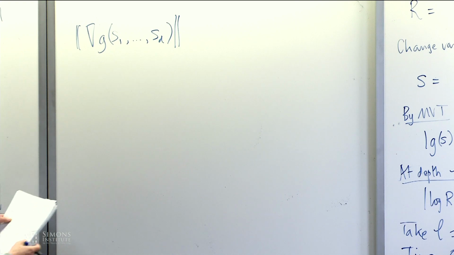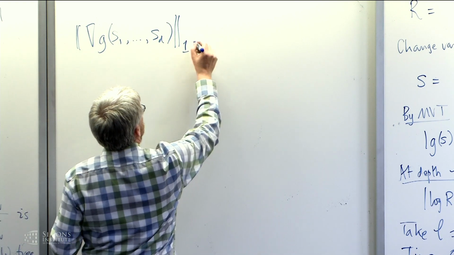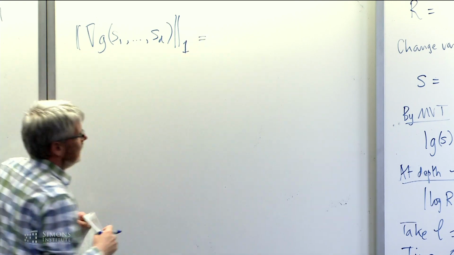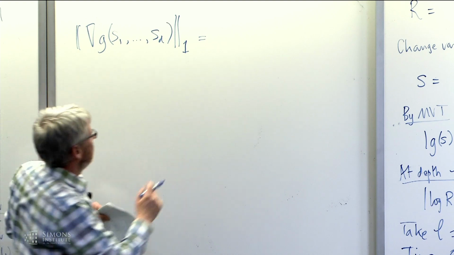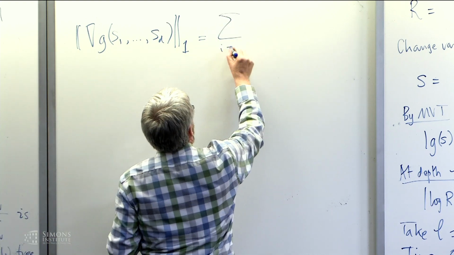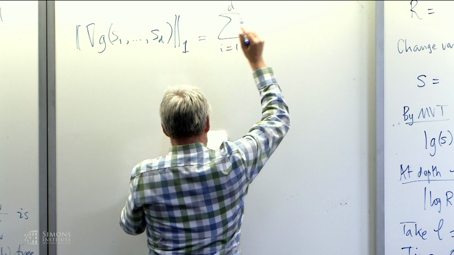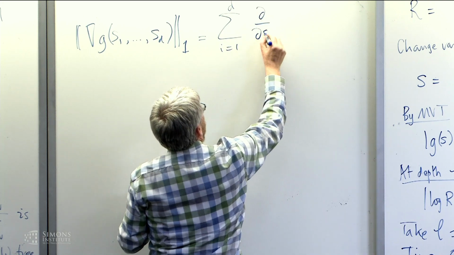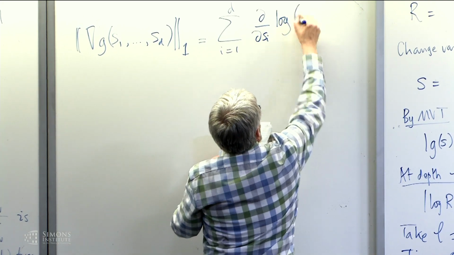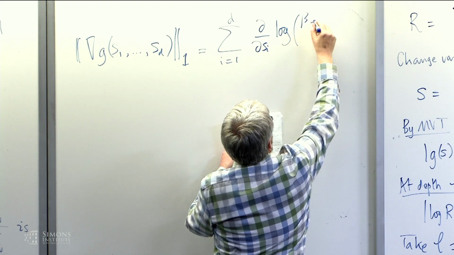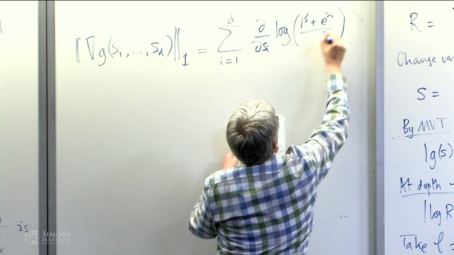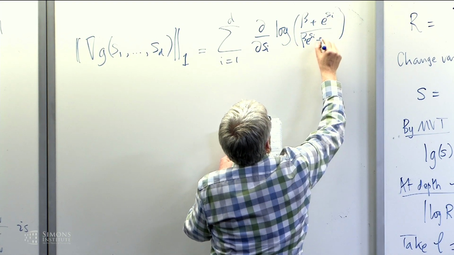So let's look at this guy. We just have to sum the partial derivatives of this function.